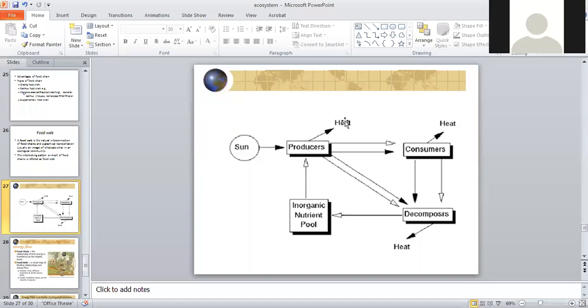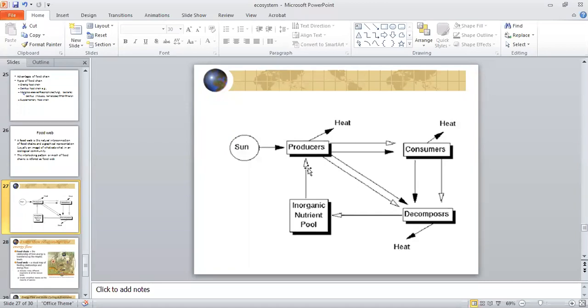So it is said that about 80 to 90% of the energy is lost at each trophic level when the energy is passing from one trophic level to the other.